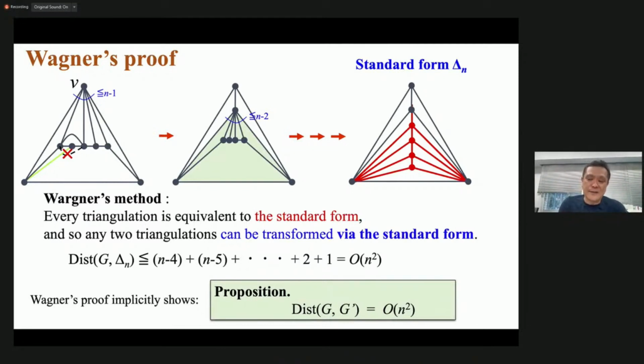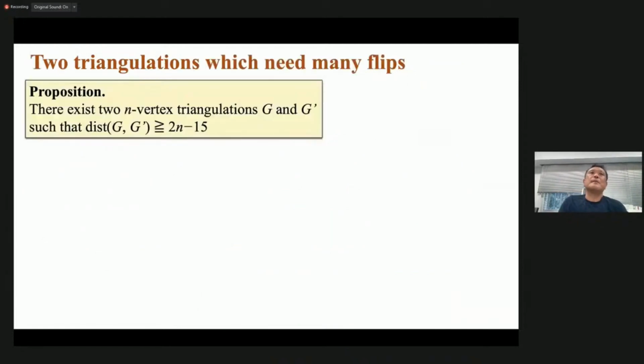We'd like to consider this. Now we consider two triangulations which need many flips. There exist two n-vertex triangulations G and G prime whose flip distance is at least 2n-15.